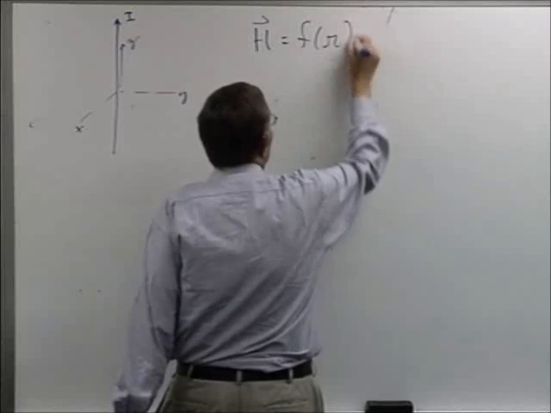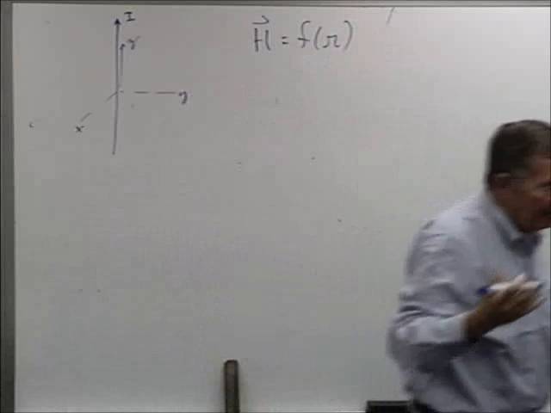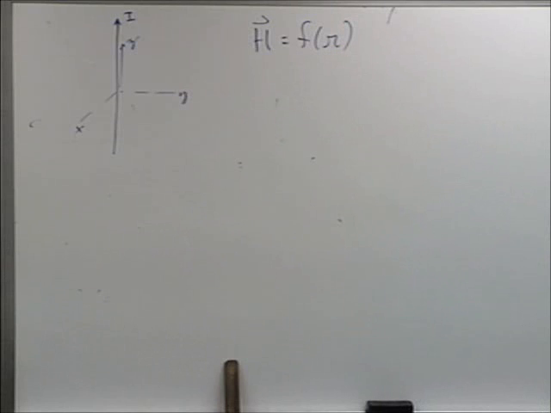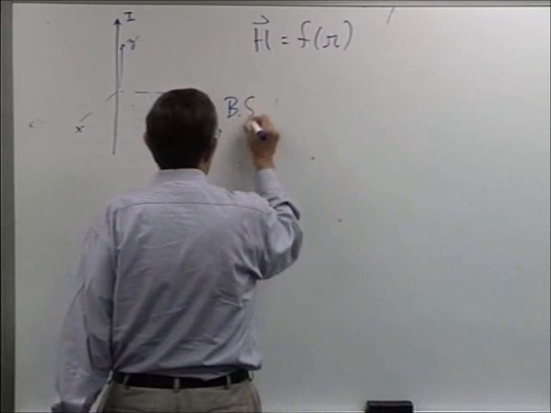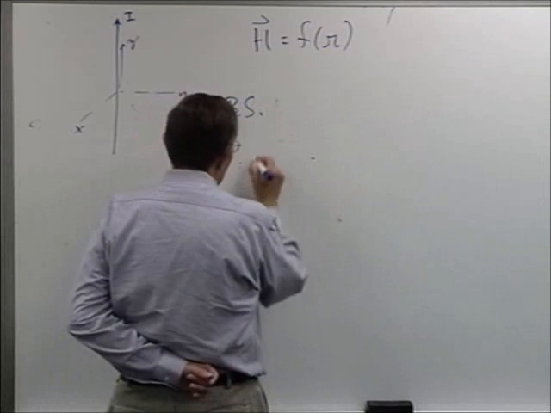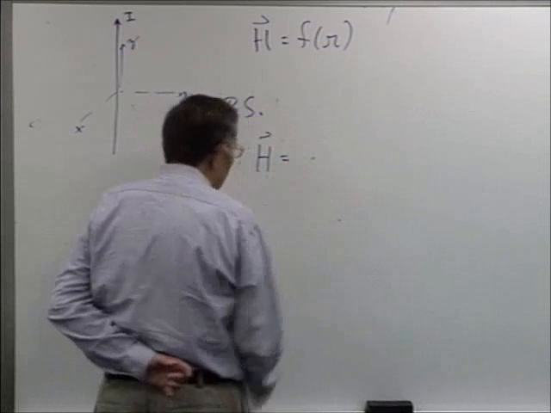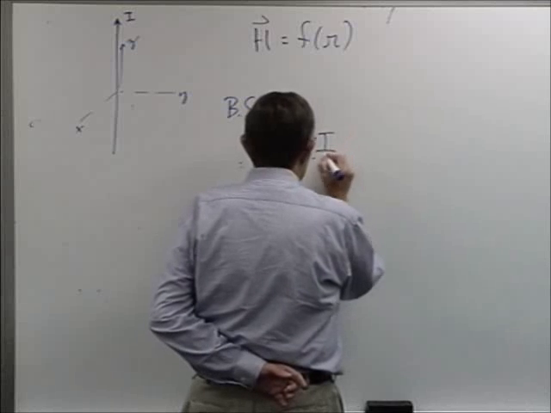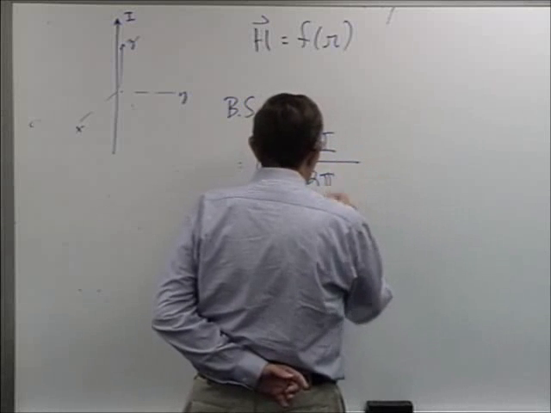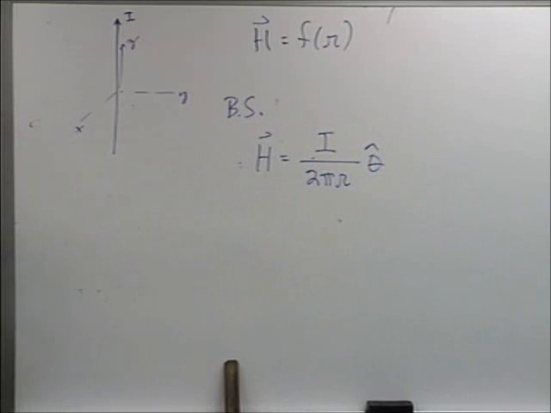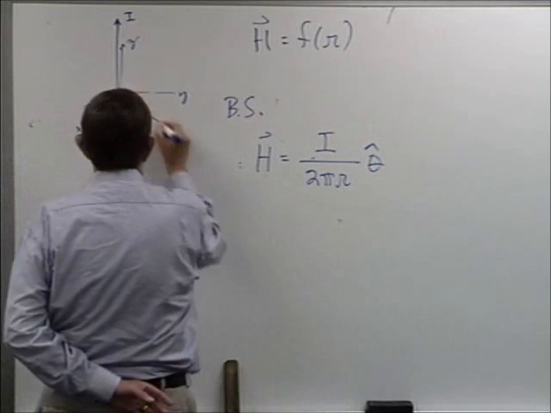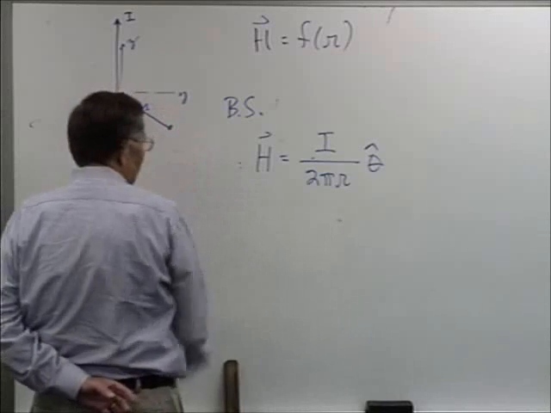R. So it can only be a function of R. It can't be a function of theta or Z. And you should have solved for this using Biot-Savart's law. And you've got the H field is the current divided by 2 pi R in the theta direction, where R in a cylindrical coordinate system is out to a point. You remember that?